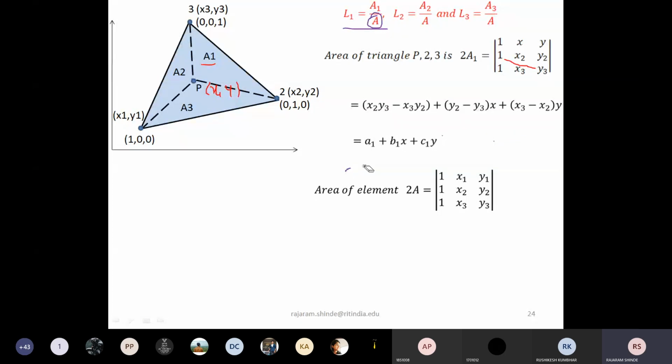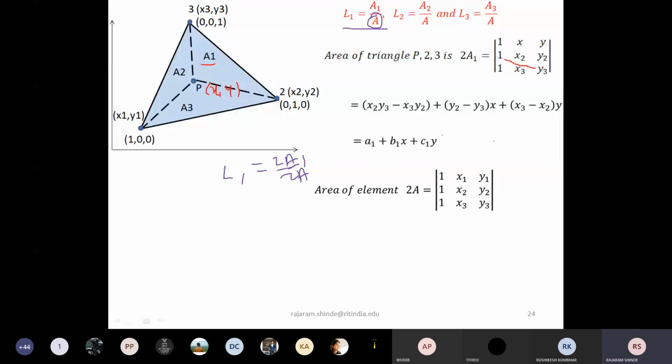Now next one, what I will do? I will calculate the L1. Now here L1 is equal to 2a1 divided by 2a. Okay.